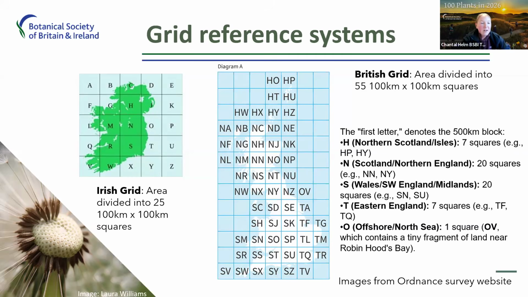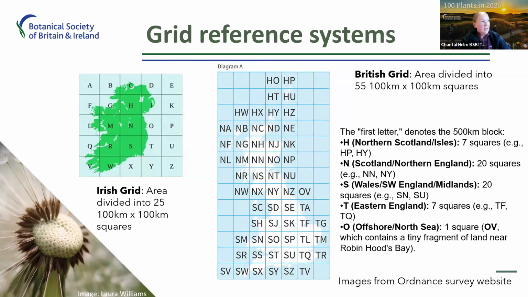There are 25 100 by 100 kilometer squares overlaid over the island of Ireland. And then in Britain, we have 55 100 by 100 kilometer squares overlaying and resulting in the British grid.